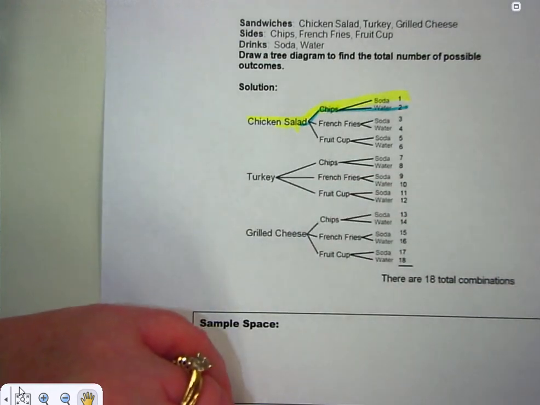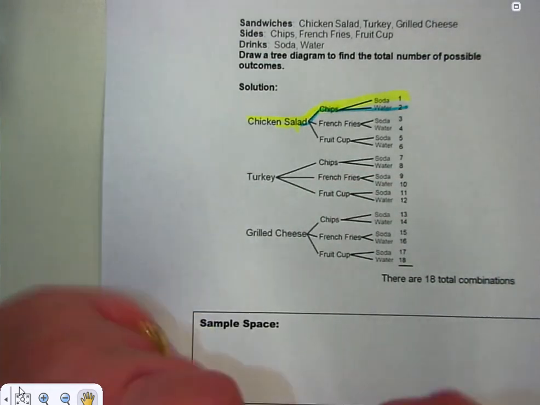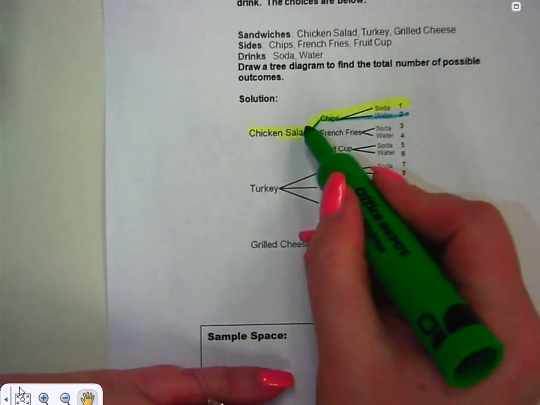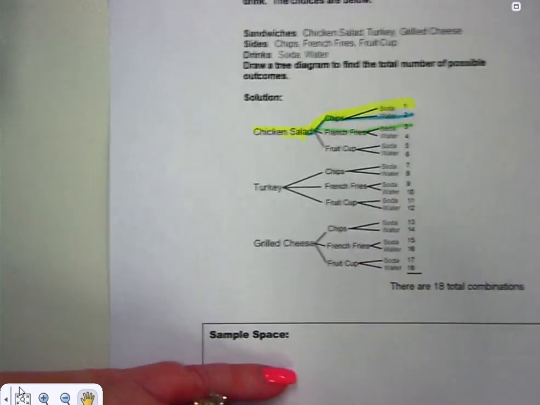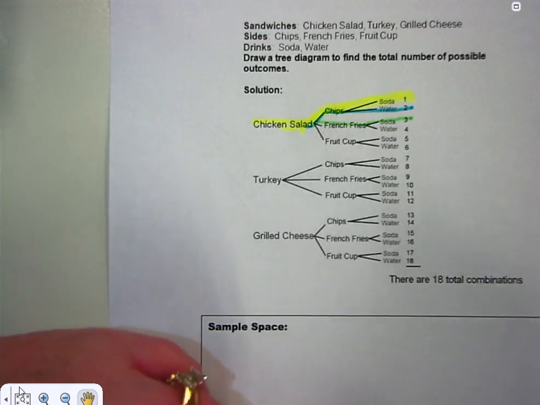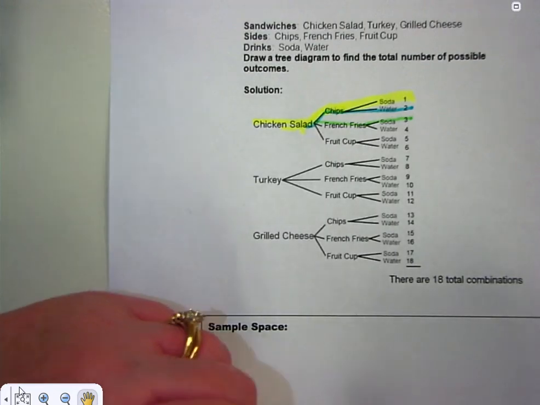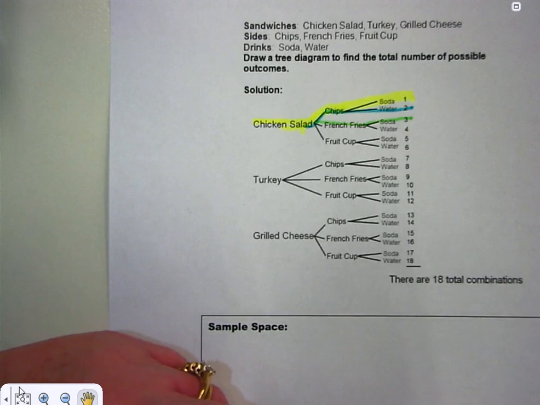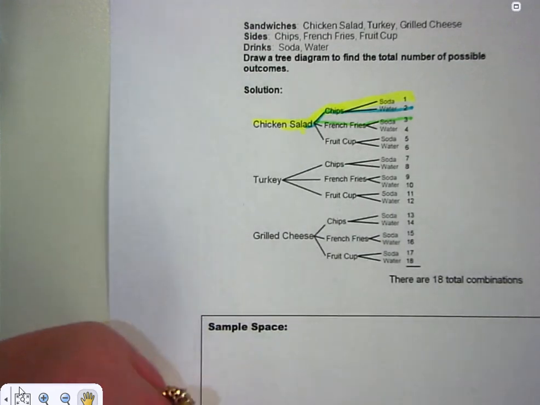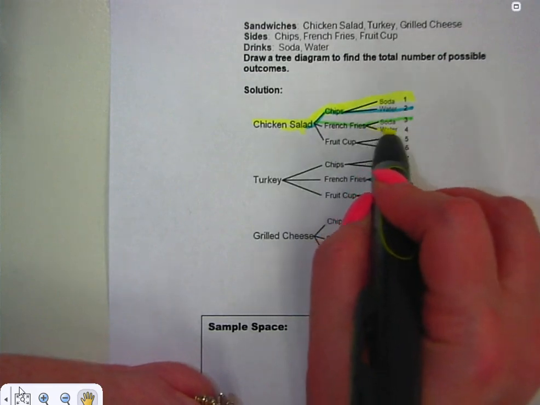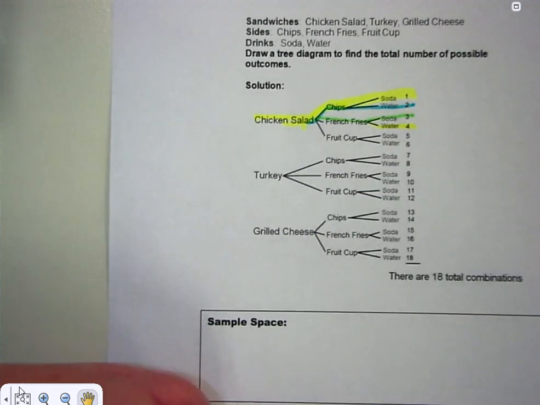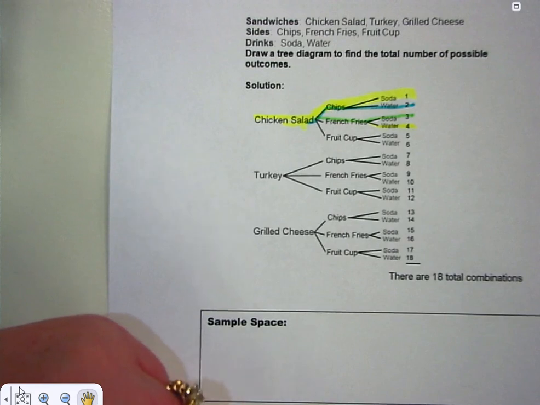The next thing I could choose is chicken salad sandwich with french fries and a soda. Or then I could choose chicken salad sandwich with french fries and water. So I'm up to 4 choices.